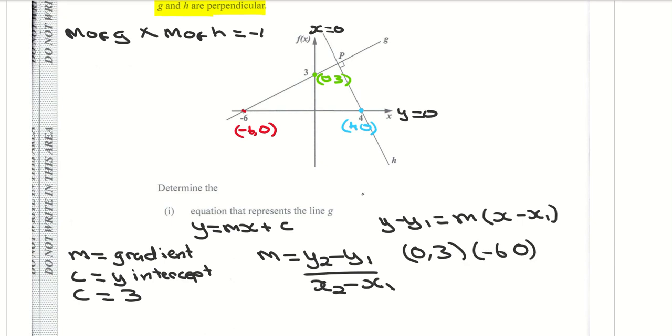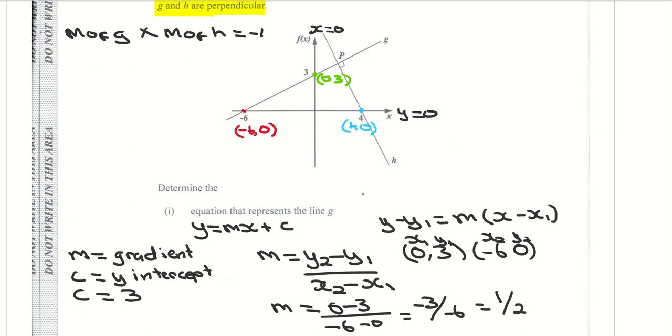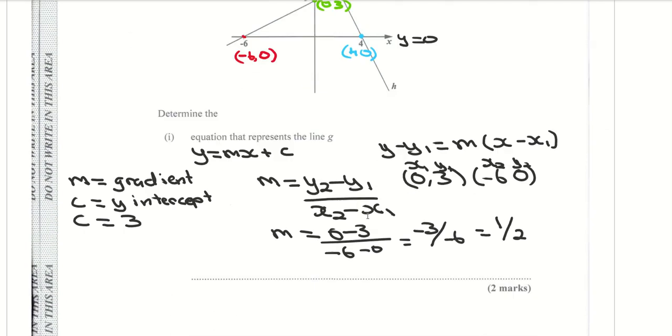I'm going to choose 0, 3 as point 1, so this is x1, y1, and this is x2, y2. Putting it in the formula, my gradient is equal to 0 minus 3 all over -6 minus 0, which is -3 over -6, which is 1 over 2. That's a half. So my gradient is equal to a half.